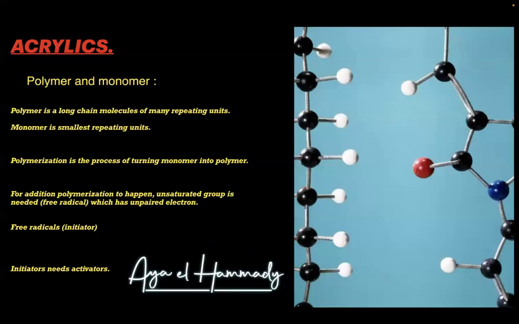Now we are going to talk about the materials, the polymer and the monomer. What do I mean by polymer and what do I mean by monomer? Polymer is what happens when a group of molecules join with each other. Monomer is one part alone, so one molecule is called a monomer.